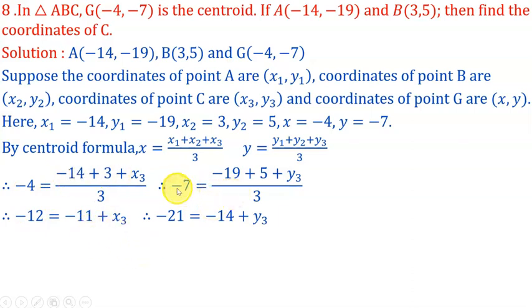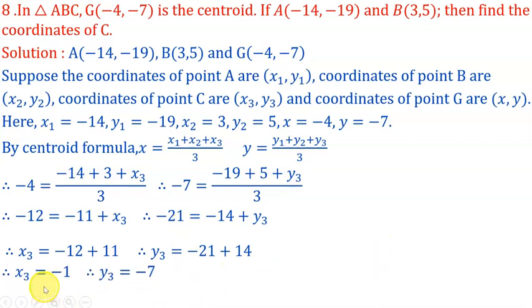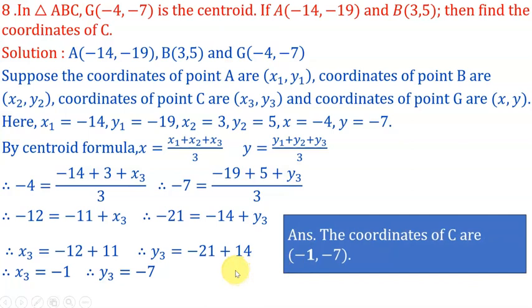On this side also, -7 into 3 is -21, is equal to -14 plus y3. Finally, -x3 is equal to -12 plus 11 and -y3 is equal to -21 plus 14, and finally x3 is equal to -1 and y3 is equal to -7. Okay, these are the coordinates of the point C, and finally the answer: the coordinates of C are (-1, -7).